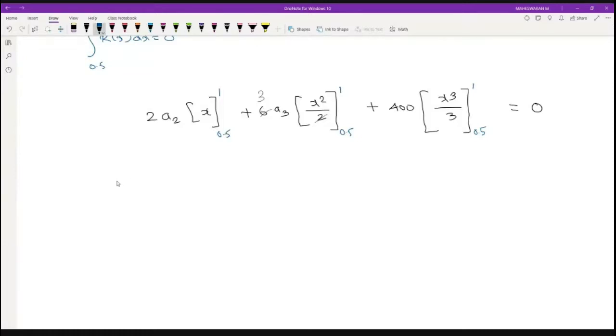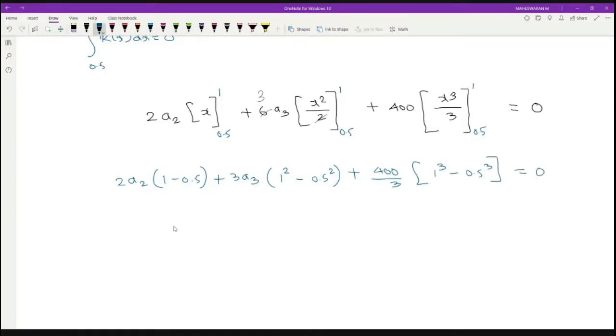We get 2a2 times (1 minus 0.5), plus 3a3 times (1 squared minus 0.5 squared), plus 400 by 3 times (1 cubed minus 0.5 cubed), equal to 0.